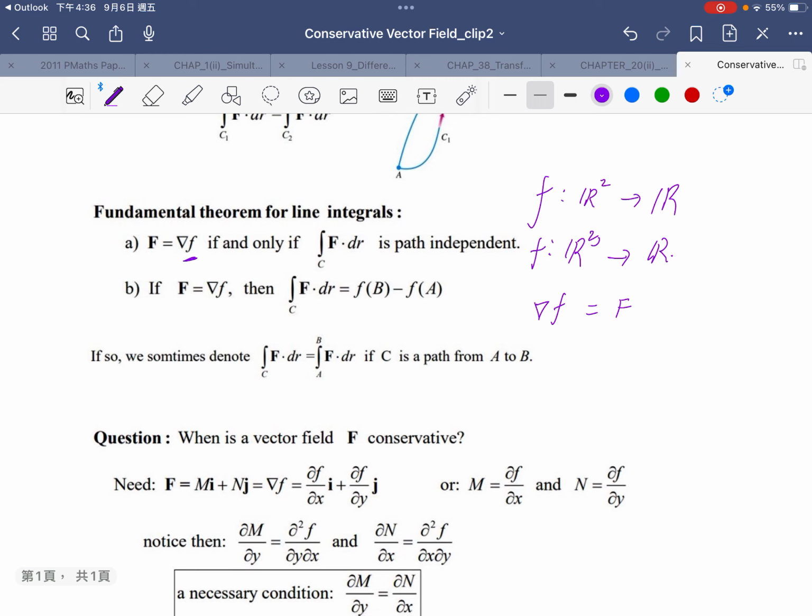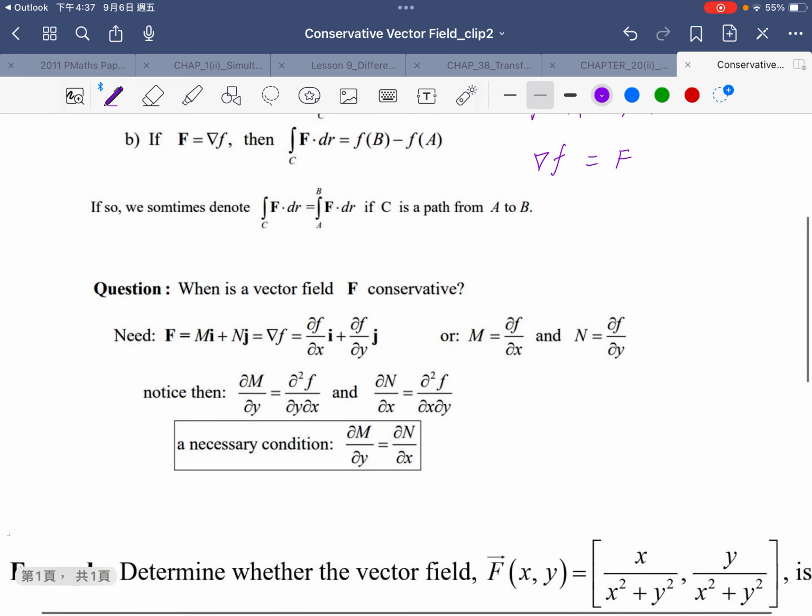Okay, now I try to demonstrate when a vector field can be conservative. In two-dimensional space, let the vector field F be Mi plus Nj, which is equal to the gradient vector of small f.